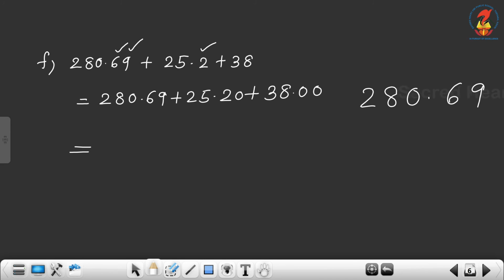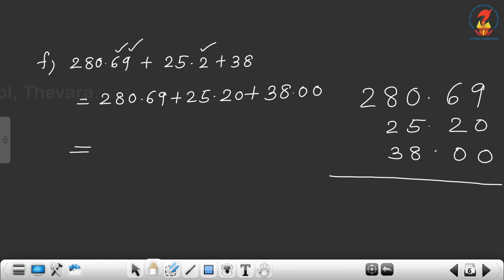Then the next number 25.20. Look at the whole number part 25. So 5 will be under ones and 2 will be under tens. So 25.20. Look at the places. Then 38.00. 38 means 8 ones, 3 tens.